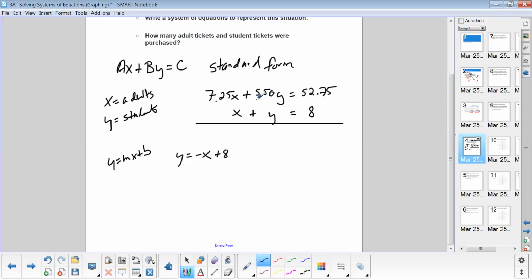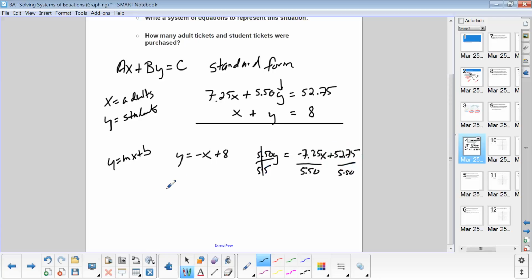The second equation, we're going to solve for y. So I'm going to move the $7.25 times x and subtract it over here, so the $52.75 minus $7.25x gives me $5.50y. Then I want to divide everything by $5.50.